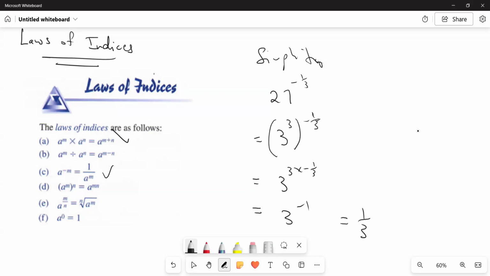Let's see if I can do this. There are other ways of looking at it. I'm thinking if you do this, if you do 27, that would be a harder approach.